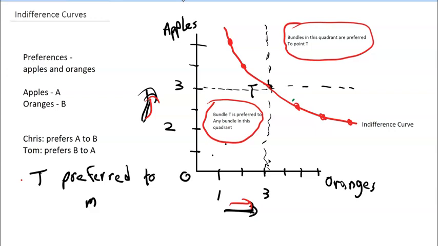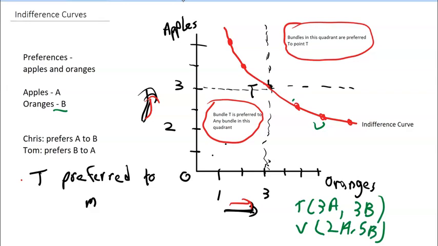So let's say we take point T and this is point V. Point T has 3 apples and 3 oranges, and point V has 2 apples and 5 oranges. If Chris were given either bundle T or bundle V, Chris would be happy either way. So points on this line make Chris indifferent, or equally happy.